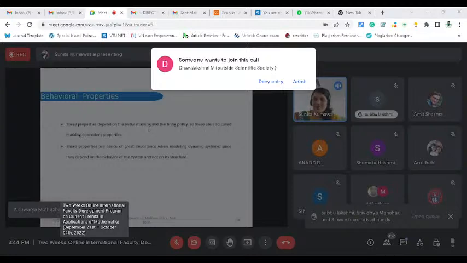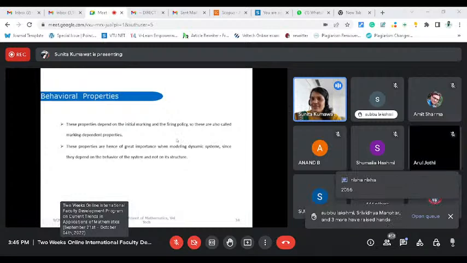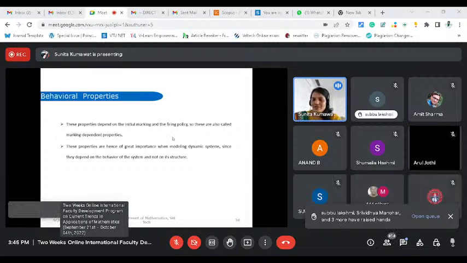So how you are distributing, if you are giving 2 tokens, or 3 commands, or 4 commands, then again the behavioral properties depend on it. Sometimes in our application we require that 4 commands should be given, like for printing, then according to how many commands we give, it will process.